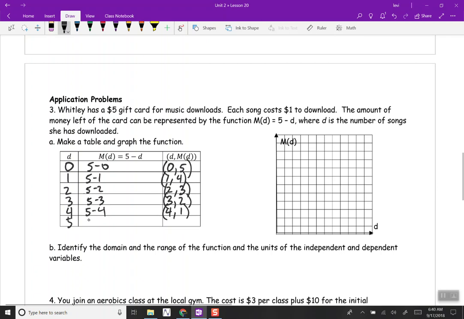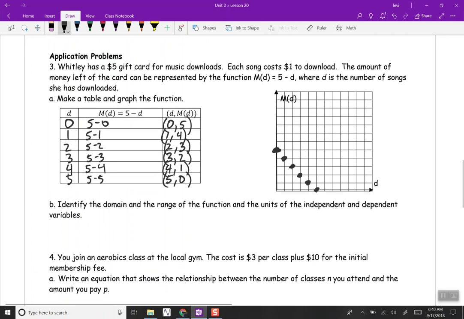And 5 songs would be 5 minus 5, which would be 0, so (5, 0). So we've got the points (0, 5), (1, 4), (2, 3), (3, 2), (4, 1), and (5, 0).